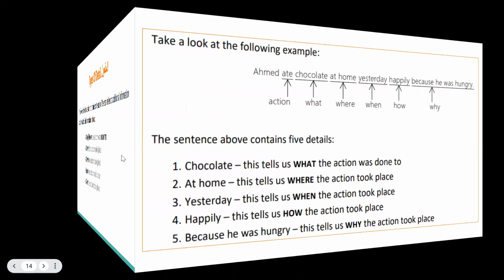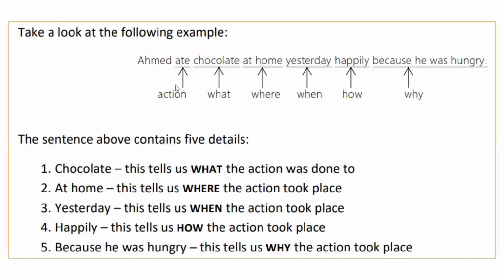So let's take an example. This is an English sentence, just to have an idea of what different types of details can be there in a sentence. Ahmad ate chocolate at home yesterday happily because he was hungry.